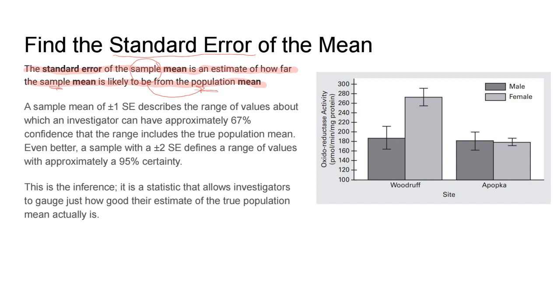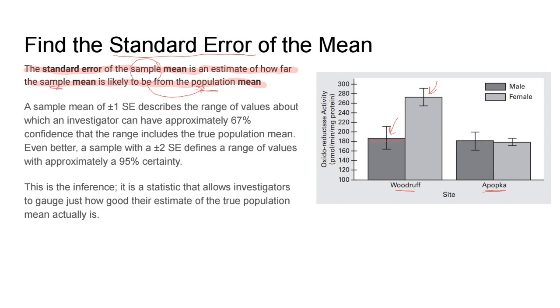So if you look at this graph, we have 2 populations here, the woodruff and the popka, and then we have our males and our females in each one. And I don't know what this experiment is, but we're just going to learn how to use standard error of the mean with this. And the standard error of the mean is represented in these bars. And it is drawn away from this.